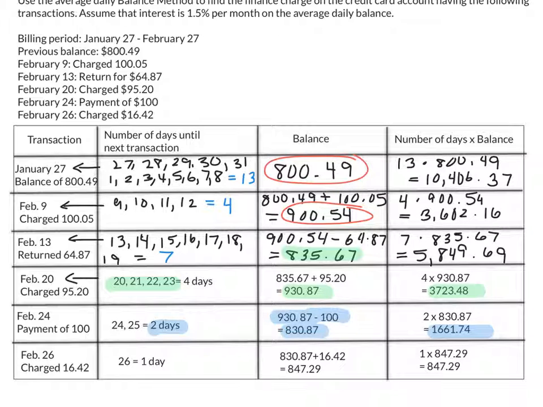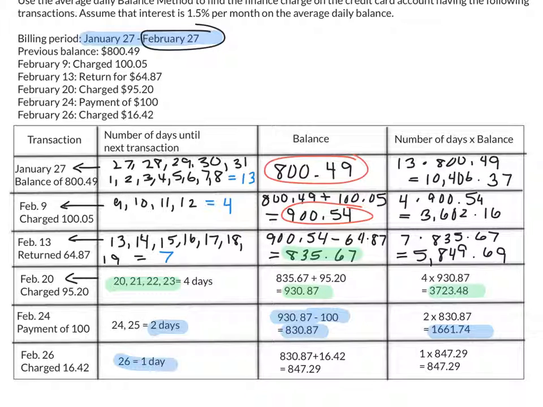Now recall that our billing period is from January 27th to February 27th. So we don't count the last day, which was February 27th. So that means we'll only go until the 26th. So we're only counting the 26th for this transaction, so that's 1 day.